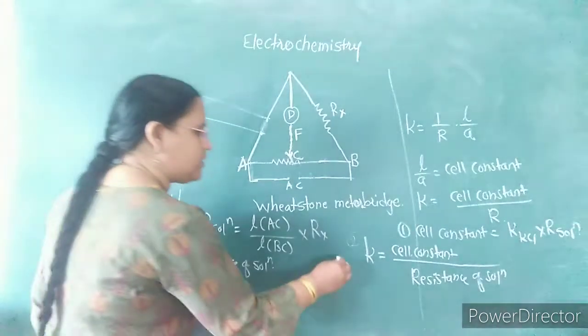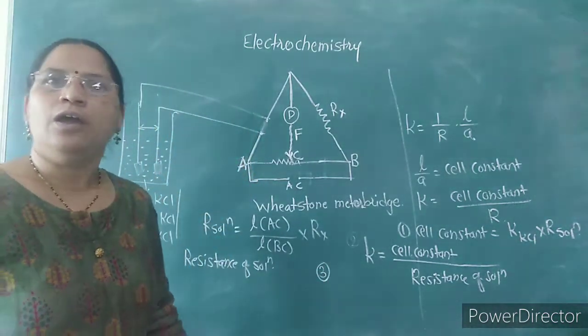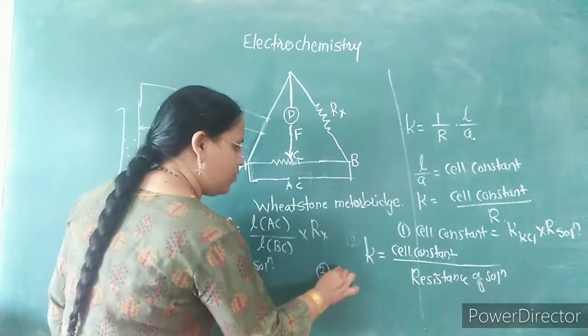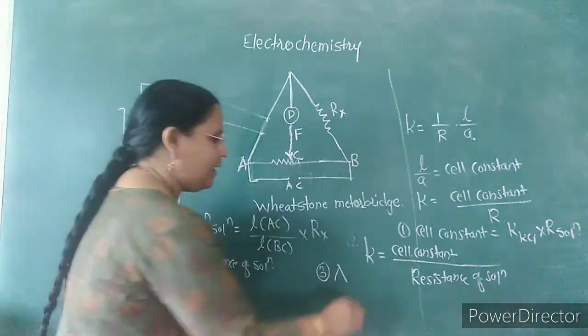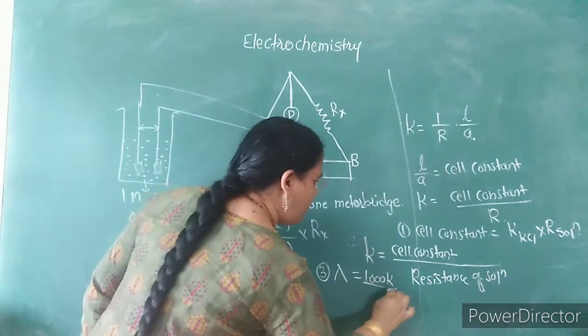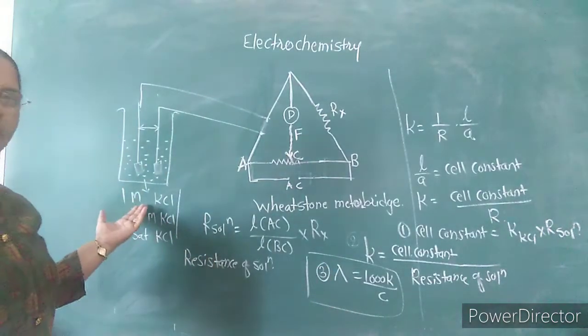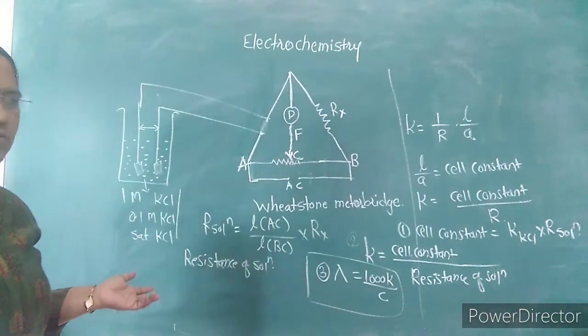From conductivity, the third step is to find the molar conductivity. How to find molar conductivity? Molar conductivity is lambda, and lambda is equal to 1000 K upon C. This concentration may be 1 molar, 0.1 molar or a saturated solution.